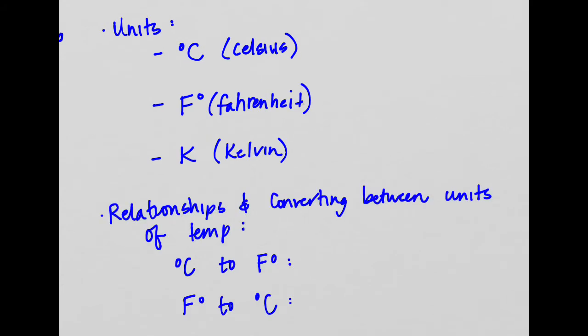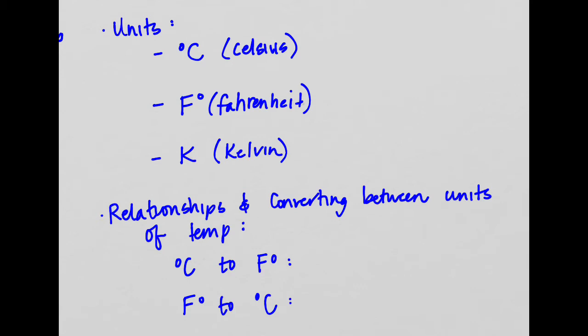All right, so we're going to look at Celsius and Fahrenheit first, because that one's a little more complicated. And then we're just going to look at Celsius and Kelvin. We're not going to worry about going between Fahrenheit and Kelvin, because we can go from, I'll get there in a second.